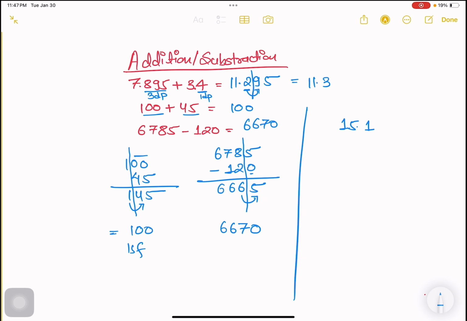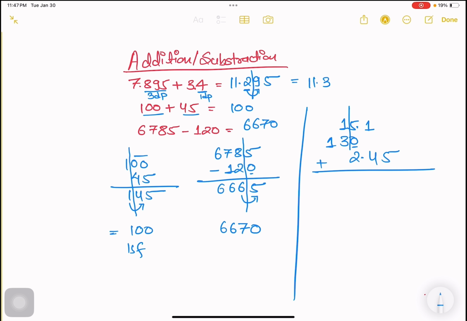15.1, 130, 2.45. Now, there is no decimal point in this number. Okay, so in this, the 0 is not significant.